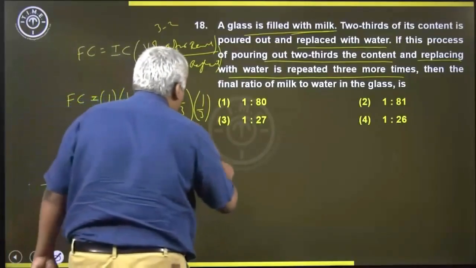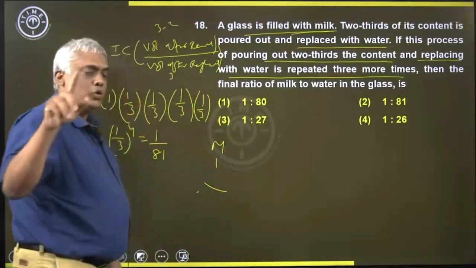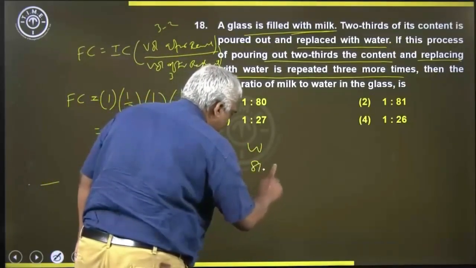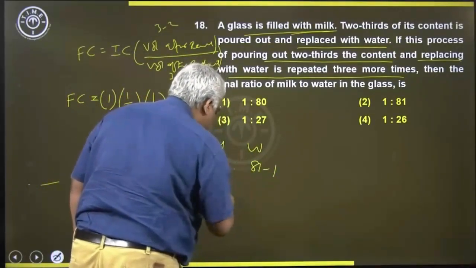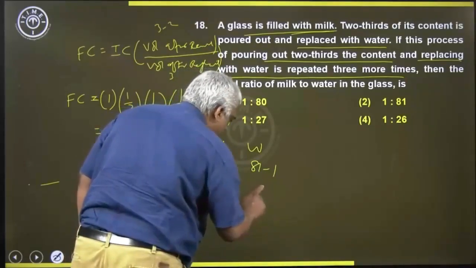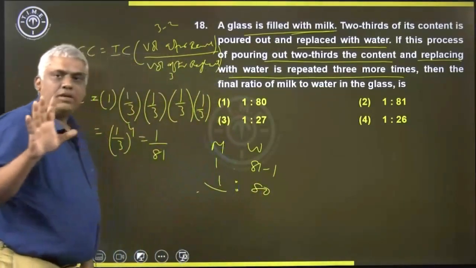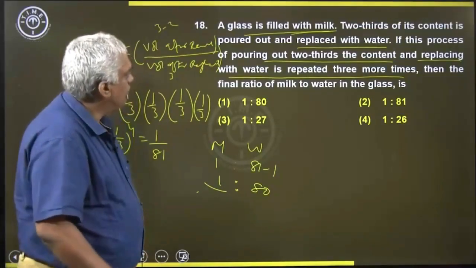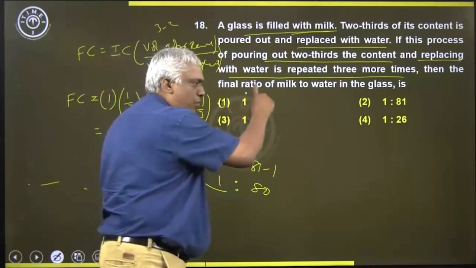That means if milk is 1, total volume will be 81. So water will be 81 minus 1. So the ratio is 1 is to 81 minus 1, which is 80. So that's the answer, 1 is to 80, which is option 1.